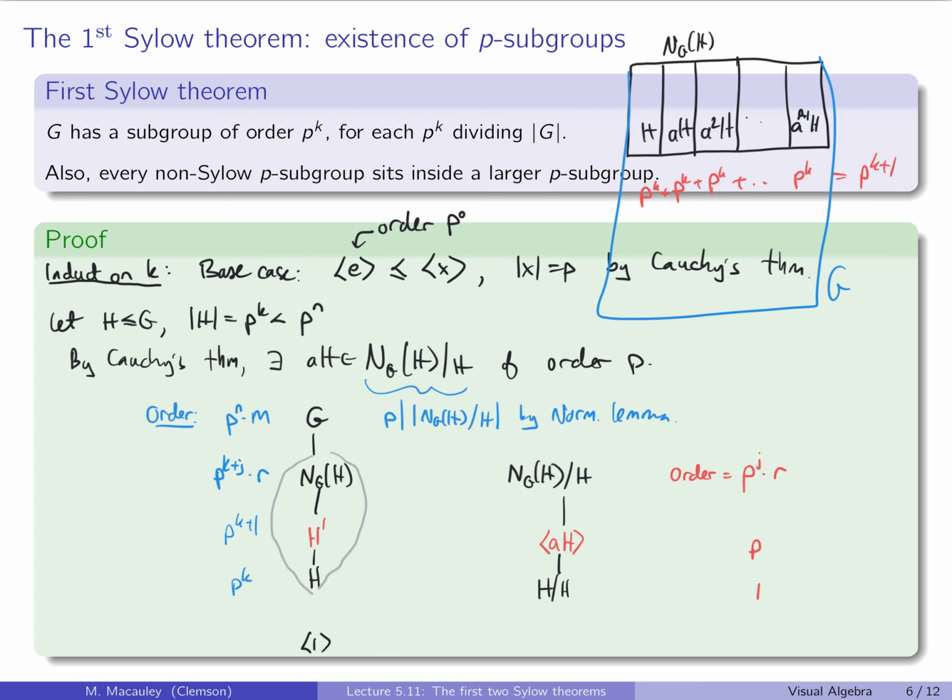Then we could say, by the correspondence theorem, the union of the cosets of this subgroup, so that is the union of A to the I times H, is a subgroup of the normalizer, and therefore of G, of order P to the K plus 1.